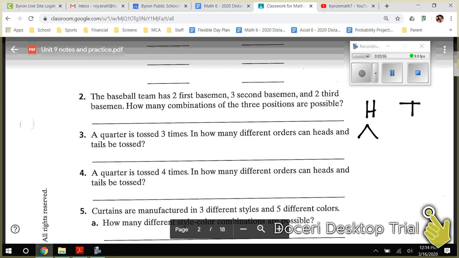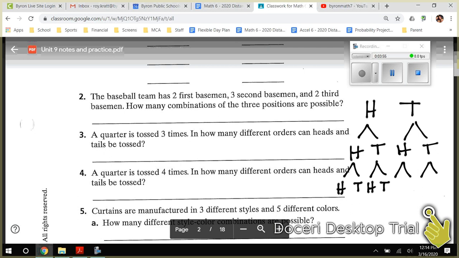Then I'm gonna flip my second coin. I'm gonna get a head or a tails. And now remember, I'm gonna flip a third coin. I'm gonna do a head or a tails. Okay, so this is the first flip.